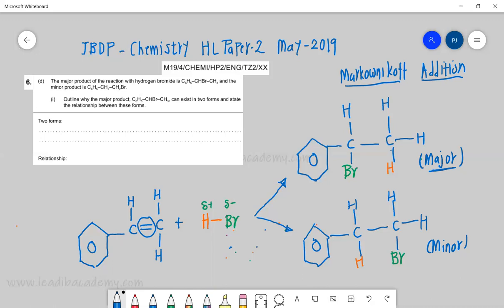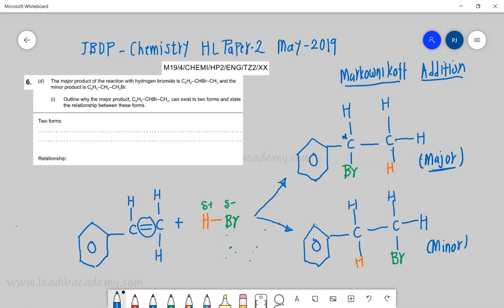You must have identified that a carbocation formed on this carbon is more stable, because there is a supply of electrons from the phenyl ring or benzene ring and the methyl group.